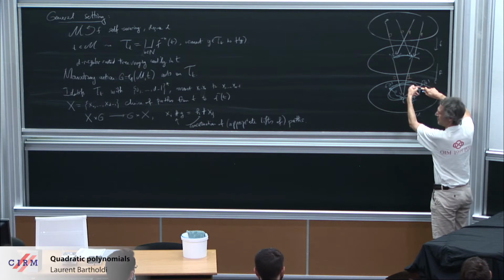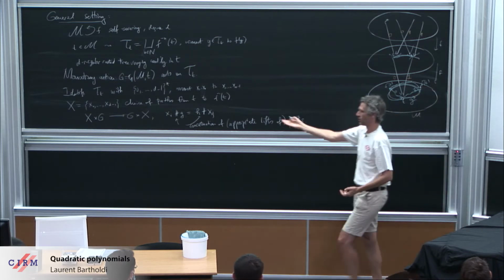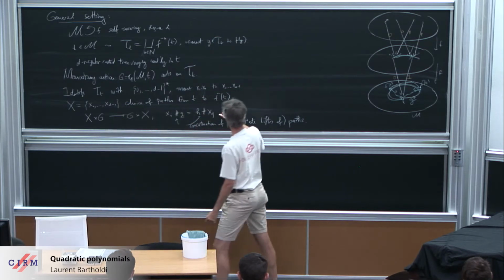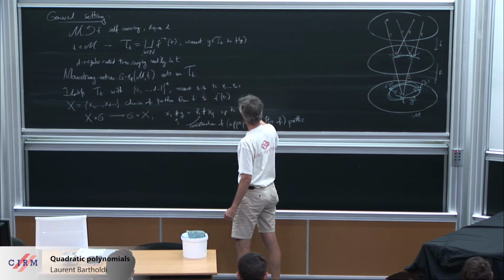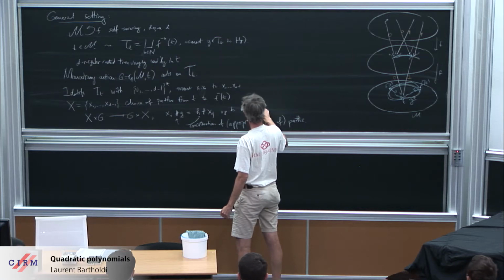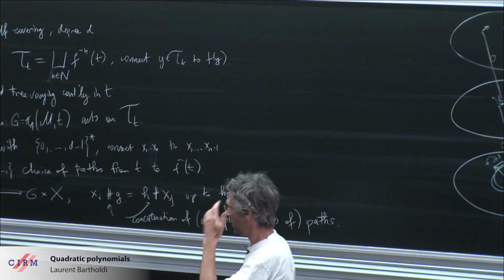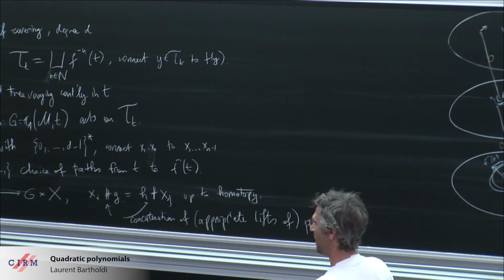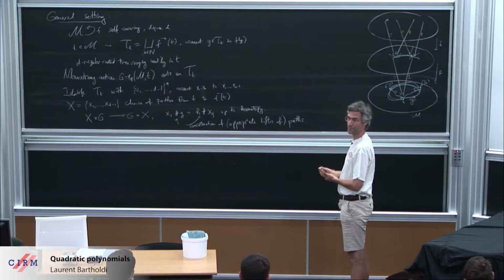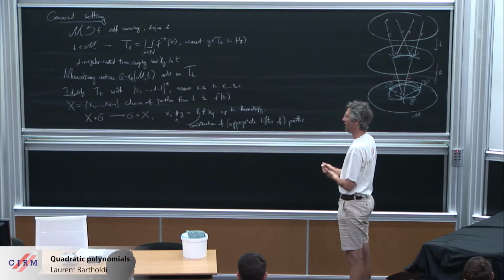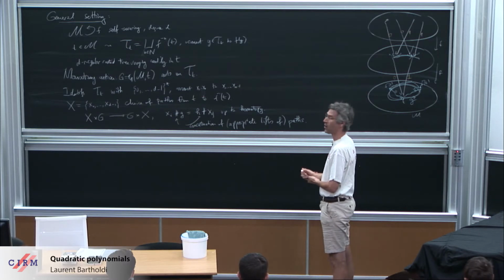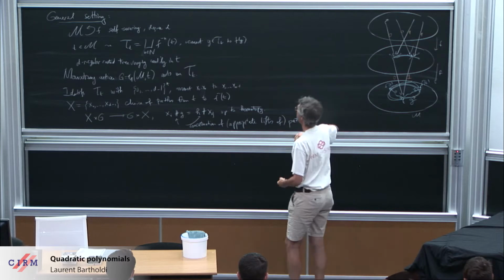And then there's a unique element h that gives this equality as an equality of paths up to homotopy. So this is the data that we have just from looking at paths and seeing how they are lifted. And this data is sufficient to reconstruct the action on the tree of words over X.